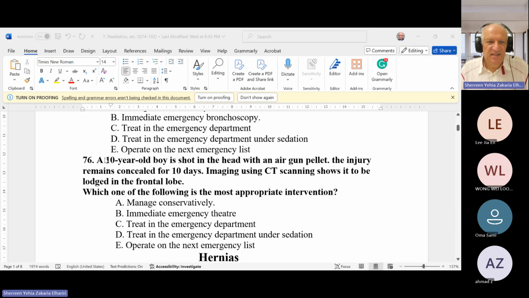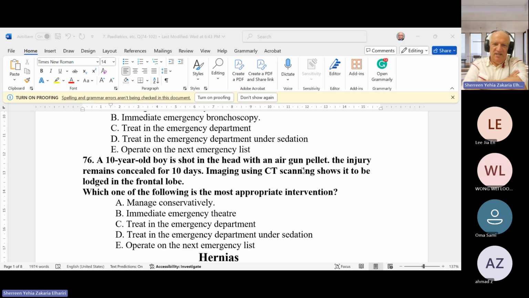The next question is a 10-year-old boy shot in the head with an air gun pellet. An air gun pellet is used by some children and is not a gunshot. It is used for birds and for training. It does not have the power of penetration, so it is not dangerous. In some areas, such as the brain, if you try to remove a foreign body, you may cause harm and injury to vital centers more than if you leave it in the skull.